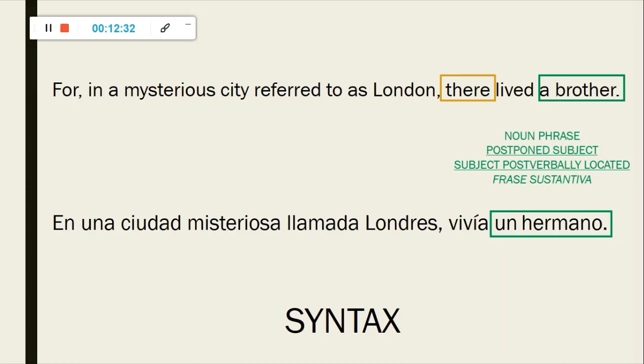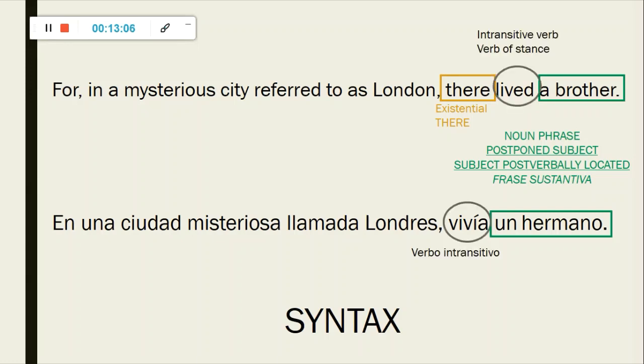We find there, again, in this case, this there is classified as an existential there. This there is a pronoun, an expletive pronoun, and as we have said before, the expletive pronoun is a pronoun devoid of meaning that serves a grammatical function. In this case, the function of subject, the grammatical subject of the sentence.